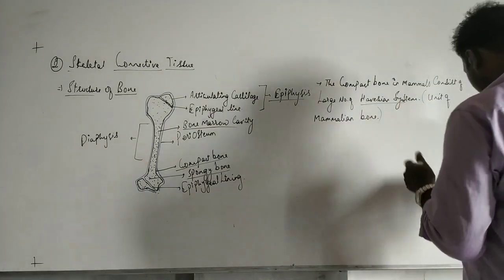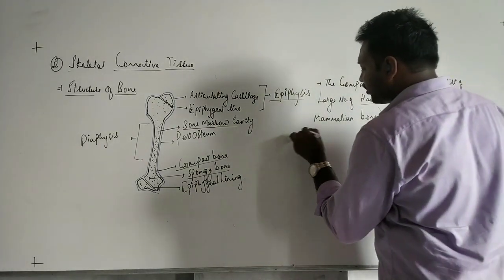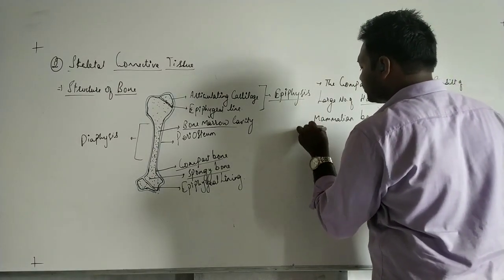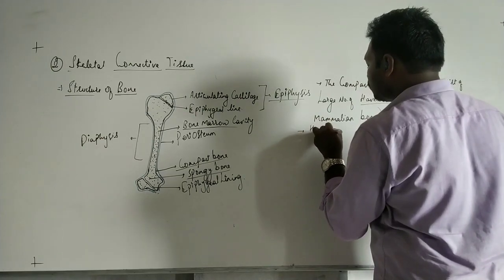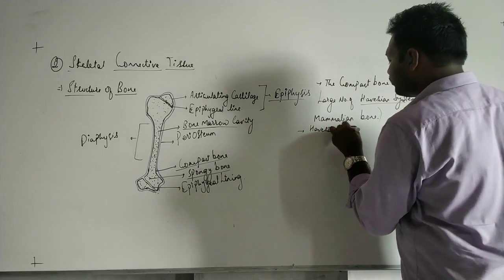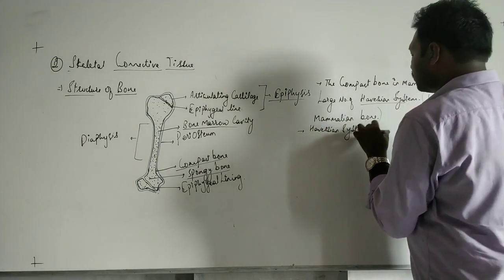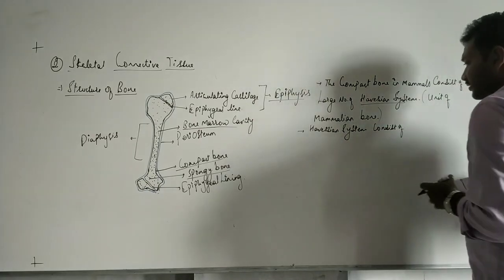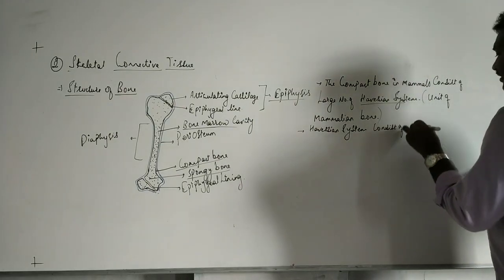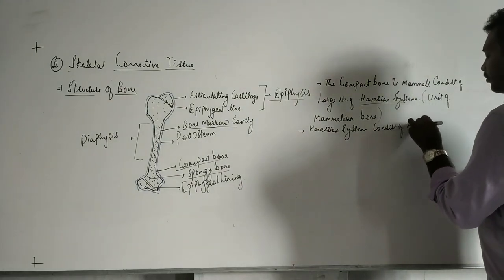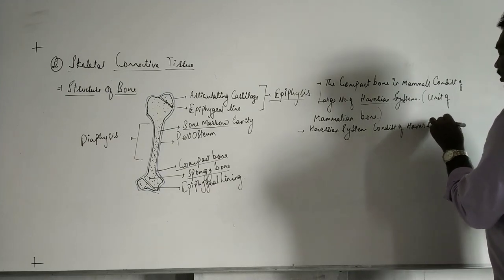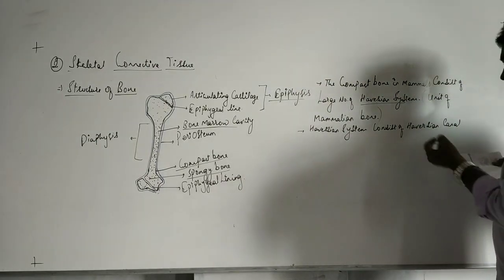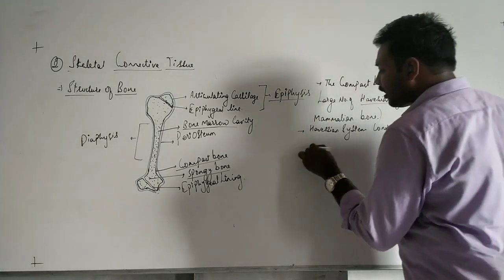Next, the Haversian system consists of the Haversian canal, then circular lamellae.